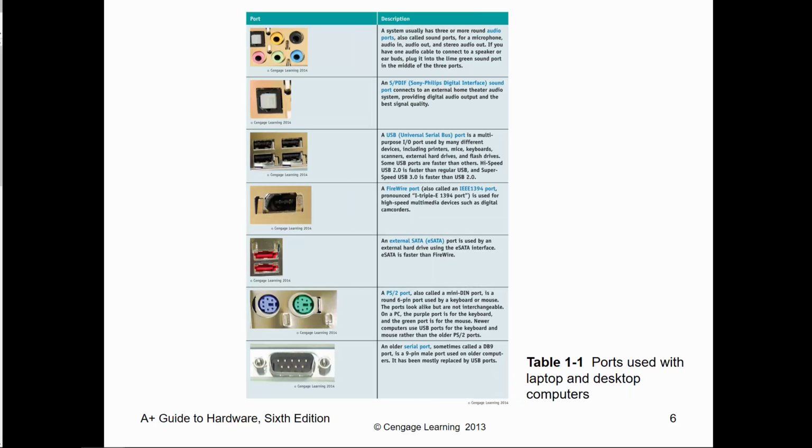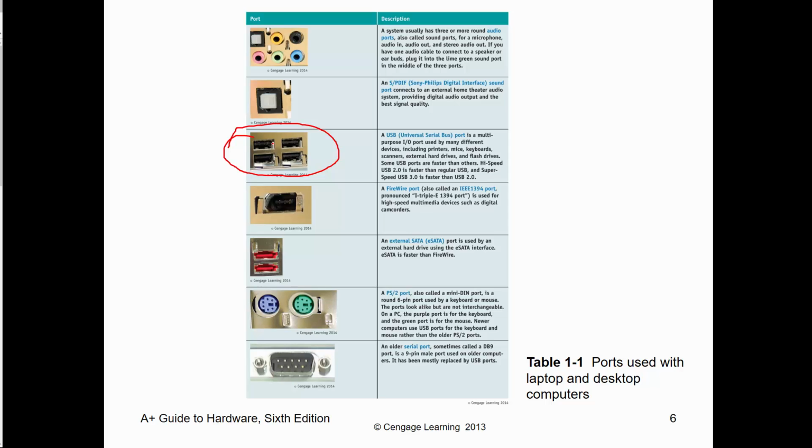Next, we have our general audio. Most often you'll see it pink, green, blue. We have a digital audio or SPDIF. Again, it's an optical audio. Underneath that, we have USBs. You'll notice that they're black, and that's kind of important. These guys are black.